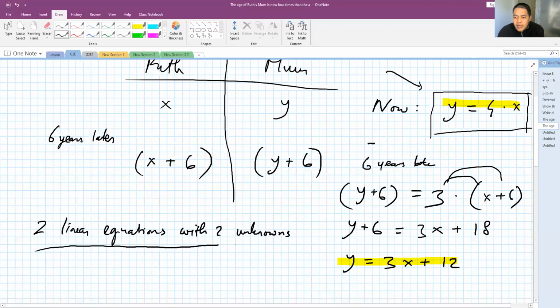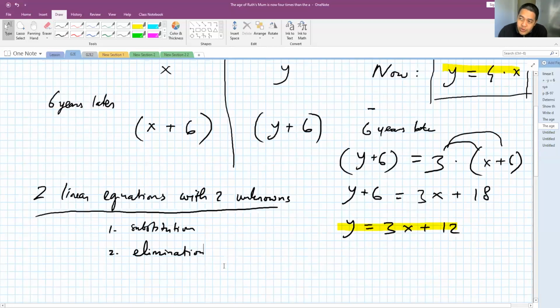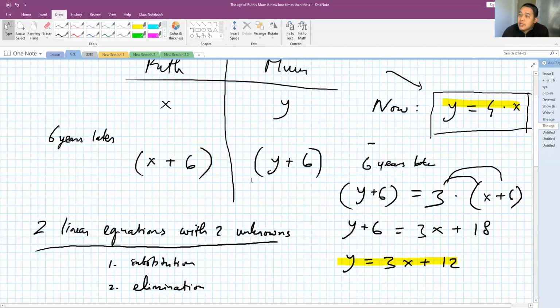Normally, when we were at the secondary level, we already learned about this method. So we can use something called substitution. And the second one, we can also use something called elimination. Actually, there are some other methods to solve this problem.